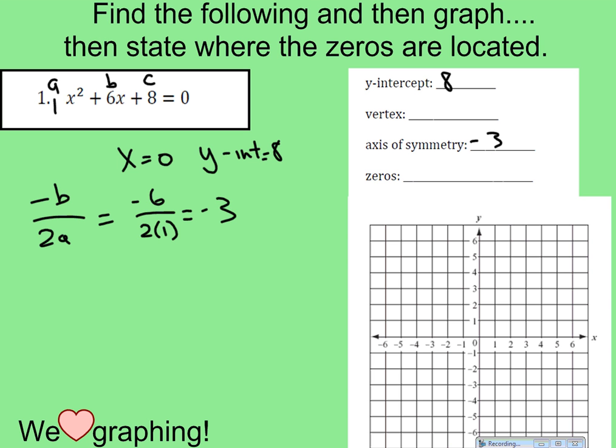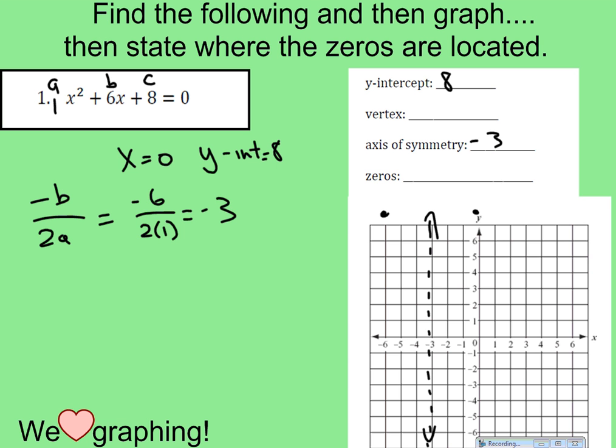So negative 3. My y-intercept is at 8, so that's going to be about up here. My axis of symmetry is going to be right there. If I reflect it on the other side, about 8 should be right there for that one. Somewhere on my axis of symmetry is going to be where my vertex is.